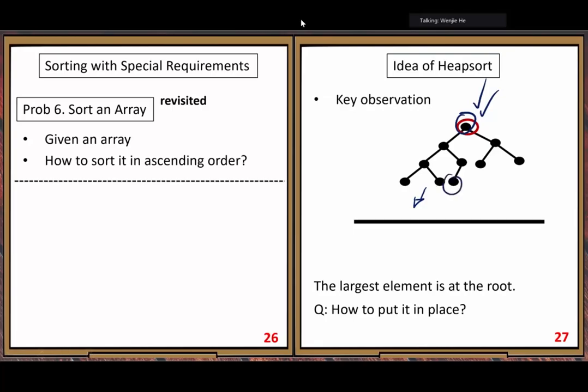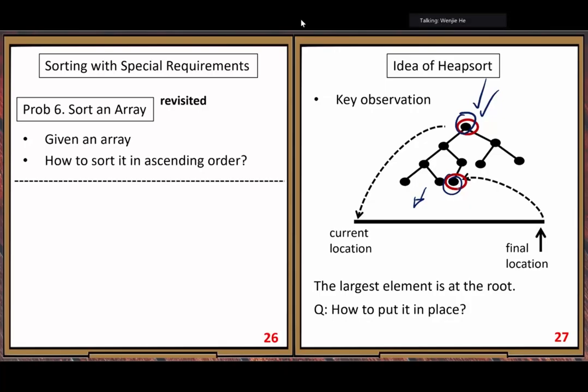That last position is the final position of the maximum. So we need one swap operation between the first location and the last location. Just one swap, and we put one element in place.